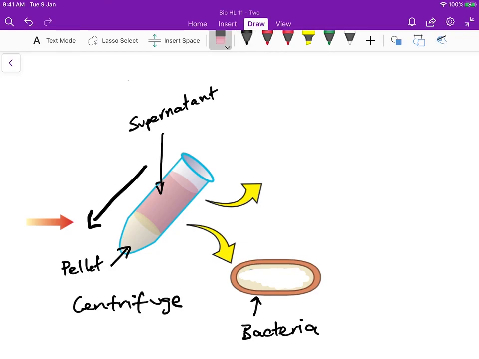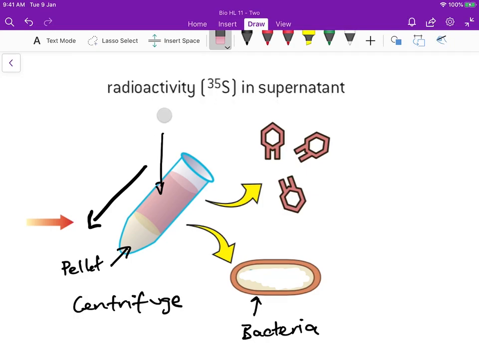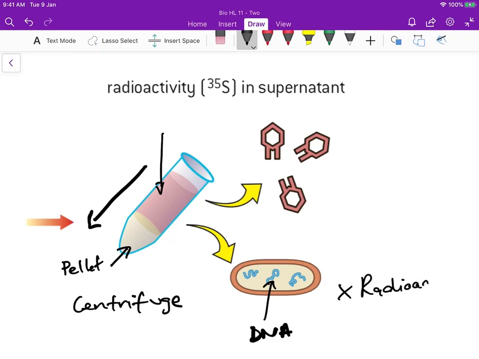So when they tracked it, they found in the supernatant they had radioactivity. And they had that radioactive sulfur which was in the protein coat. And down here in the bacteria, they had only the DNA and they didn't have any radioactivity. So this is showing that the radioactive protein coat was left outside and therefore it wasn't passed into the bacteria.